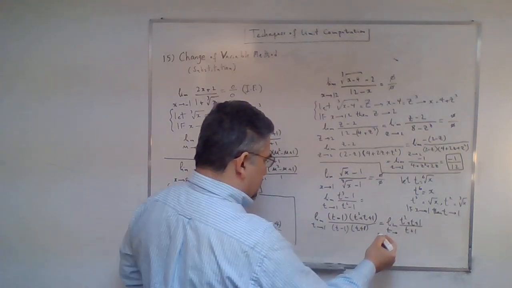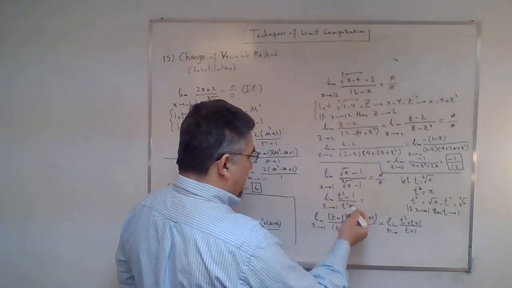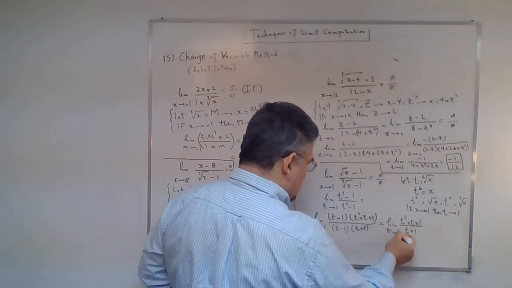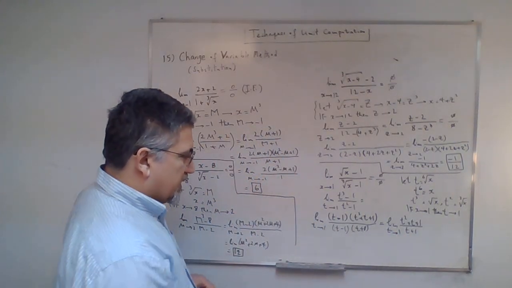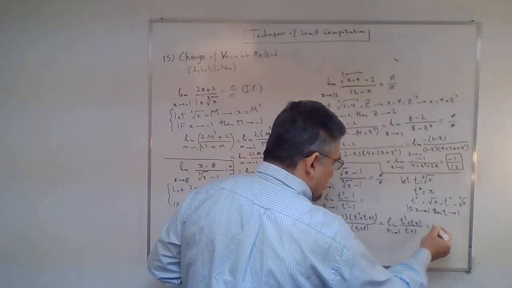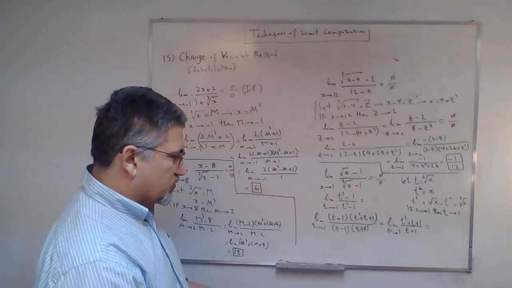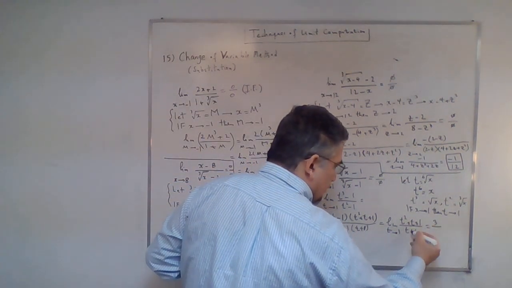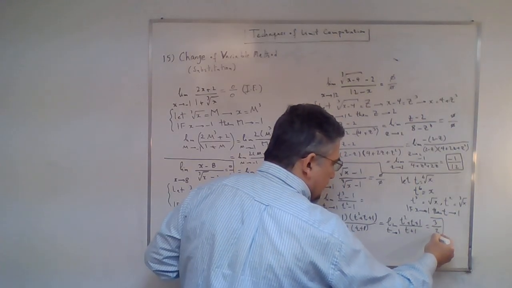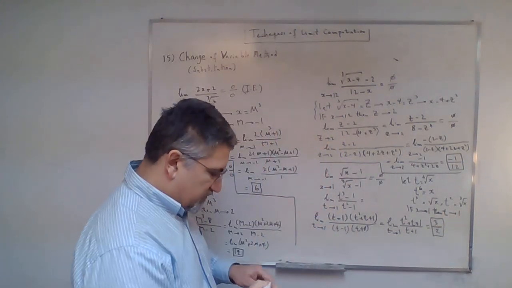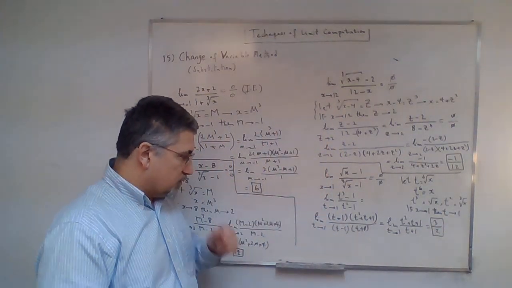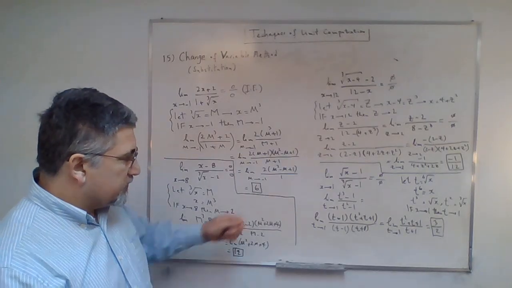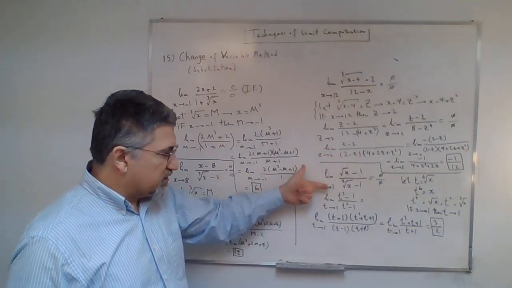t approaches 1. Okay, so the numerator is going to approach 3, right? And denominator will approach 2. And the answer to this question, final answer is 3 over 2. Okay, so we factor the numerator using difference of cubes.